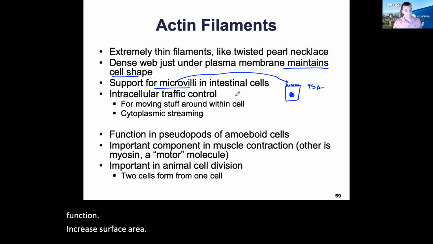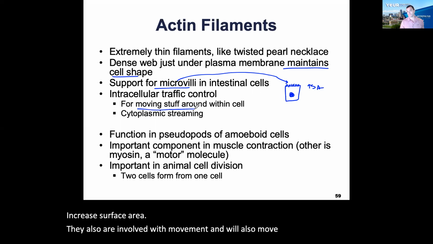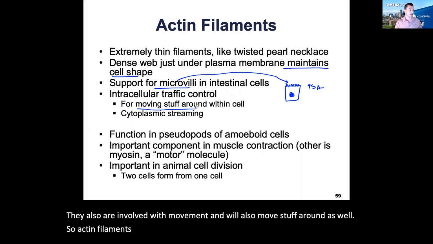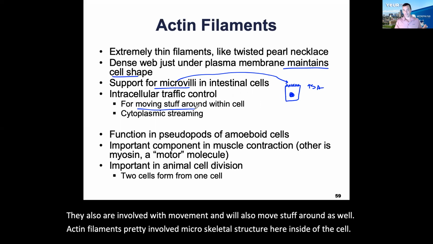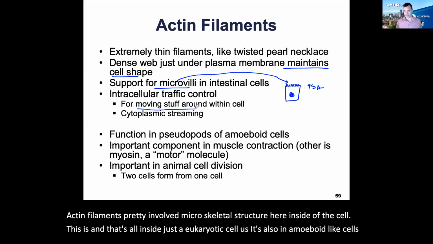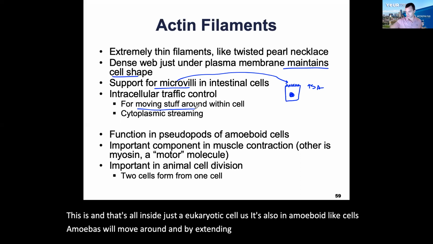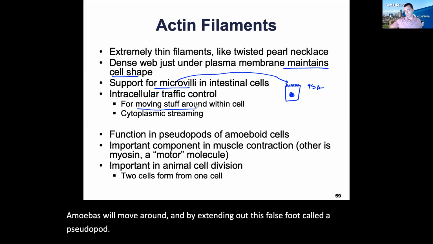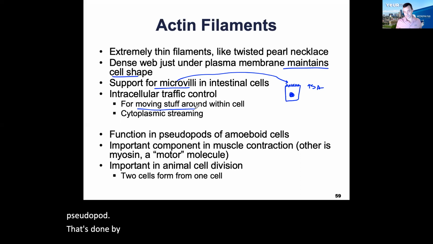They also are involved with movement. They will also move stuff around as well. So actin filaments are a pretty involved cytoskeletal structure inside of the cell. And that's all inside just a eukaryotic cell, us. It's also in amoeboid-like cells. Amoebas will move around by extending out this false foot called a pseudopod. That's done by the function of actin filaments.